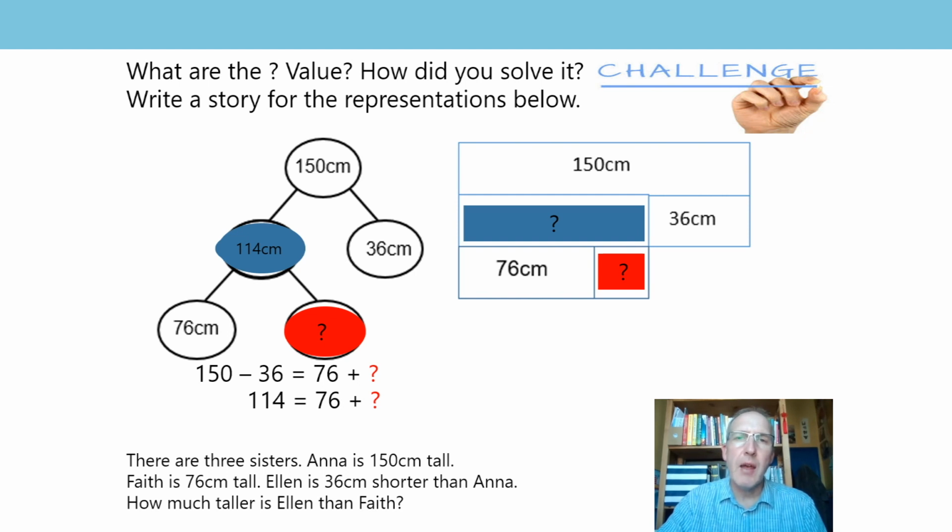What are we going to do now? That's it. We need to do 114 minus 76. What did you get? Whatever your question was, that part of the part-whole model is going to be, tell me, that's it, 38 centimetres. Well done.